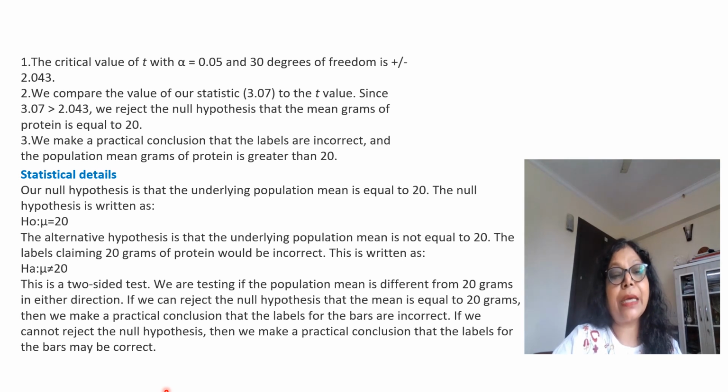Now this is a two-sided test. We are testing if the population mean is different from 20 grams in either direction. So if we can reject the null hypothesis that the mean is equal to 20 grams, then we make a practical conclusion that the labels for the bars are incorrect. And if we cannot reject the null hypothesis, then we make a practical conclusion that the labels for the bars may be correct.